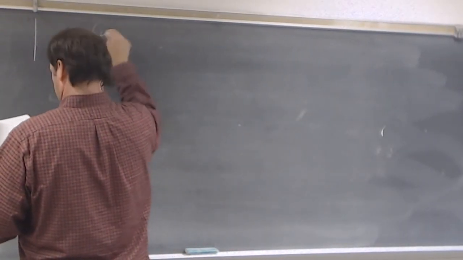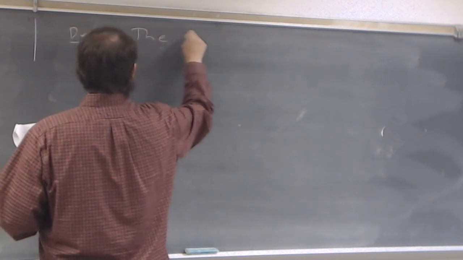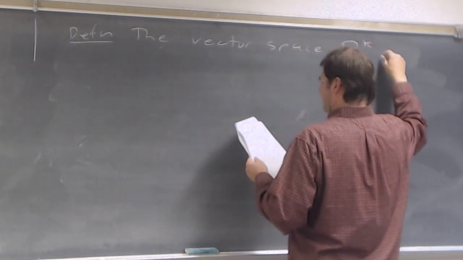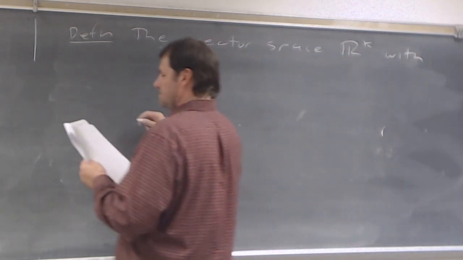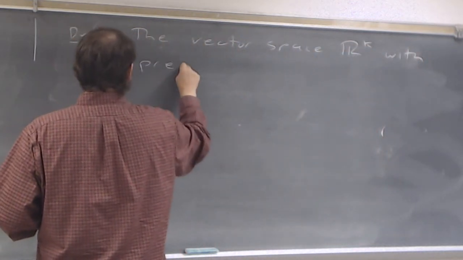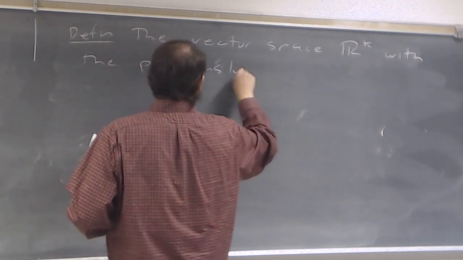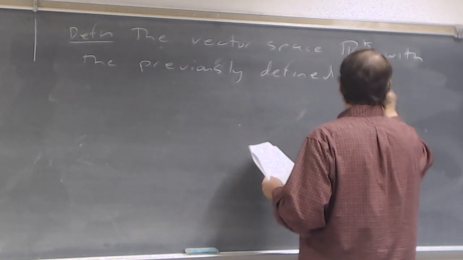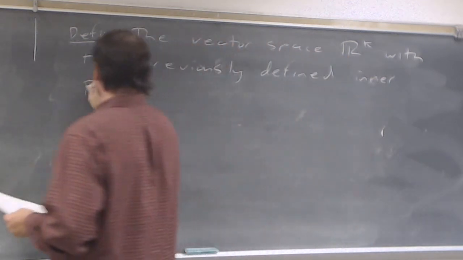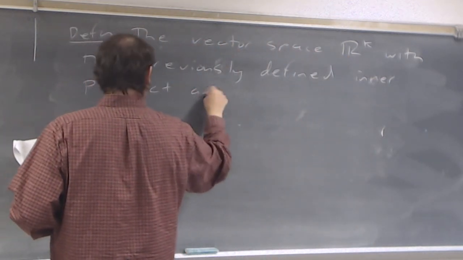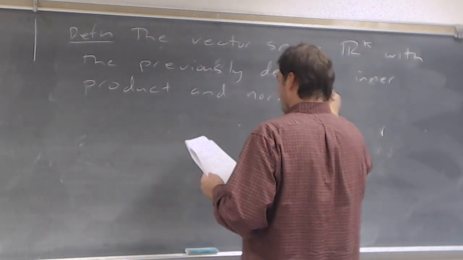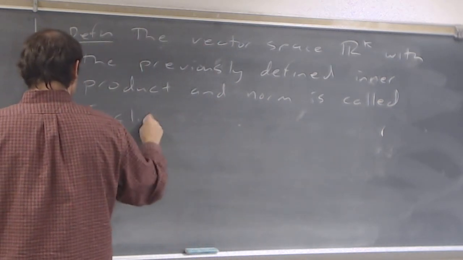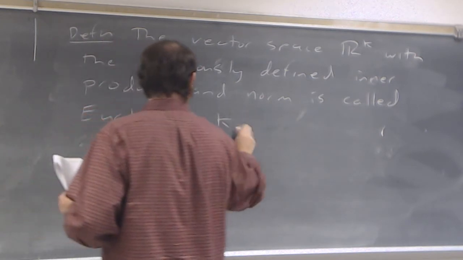As a definition, the vector space R^k with the previously defined inner product and norm is called Euclidean k-space.